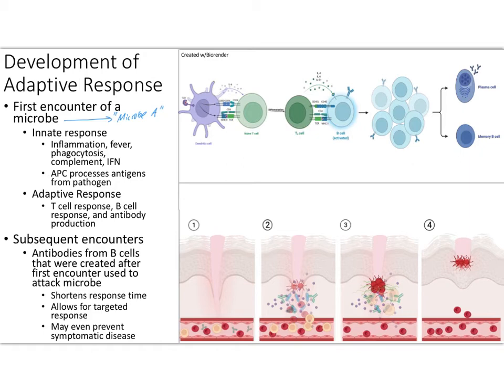However, while we are fighting that infection off, certain cells, especially the ones involved in phagocytosis, are going to grab onto that microbe and basically tell our adaptive immune response, hey, we've got a new microbe here. I need you guys to do your job so that the next time we get exposed to this same microbe, we have some extra help with the infection.